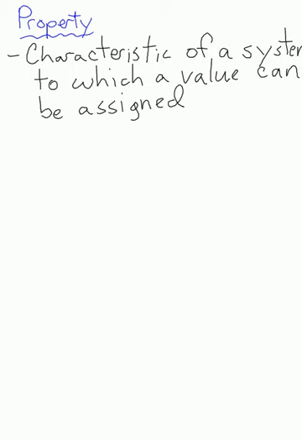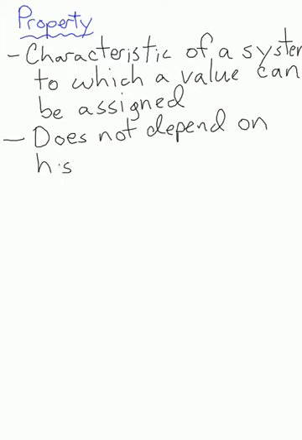So the first thing about a property as we define it is that it has to be quantifiable. The second big thing about a property is that it does not depend on the system's history. Going back to the example of the temperature, if you're describing the temperature of the room right now, you don't need to know what the temperature was before. You don't need to know what the temperature is going to be in the future.